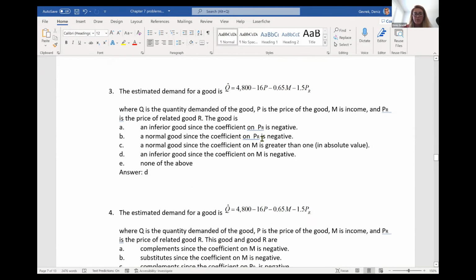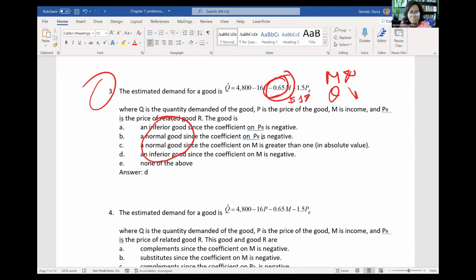So on that, yeah, question number 3, inferior or normal. When you see this, you're going to focus on the income. So here, people's incomes went up. It has a negative coefficient, that means a negative relationship with quantity. This negative 0.65 tells you in English, if income goes up by $1, quantity demanded will go down by 0.65 units.